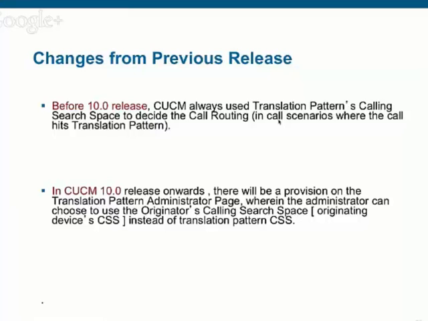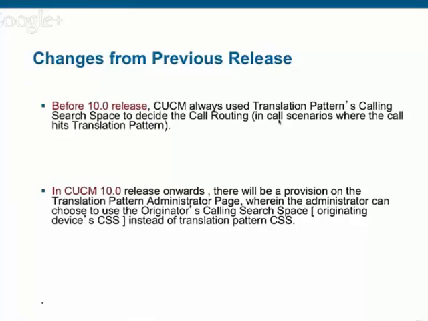So instead of the translation pattern using its own CSS, it will use the phone CSS for any further call routing. If the translation pattern does digit manipulation and further matches a route pattern, the fate of the call will be decided by whether the original calling party, that's your phone, has access to this particular route pattern.